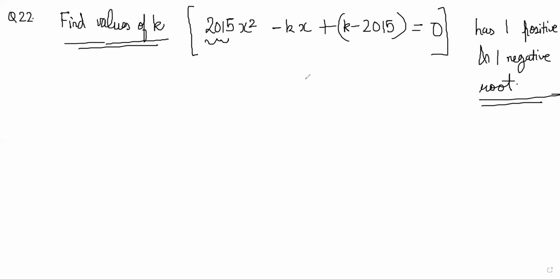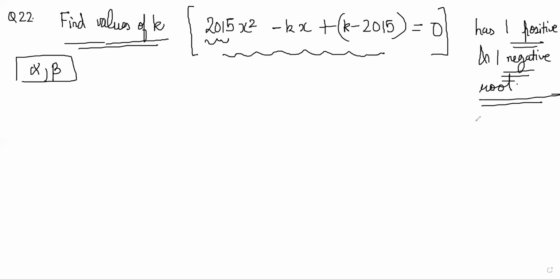See, this is a quadratic in x. So I have to have two roots, basically one positive and one negative root. But looking at the quadratic, I can say that one root is pretty obvious. Think about it. X is equal to 1 satisfies, right? What about minus k?